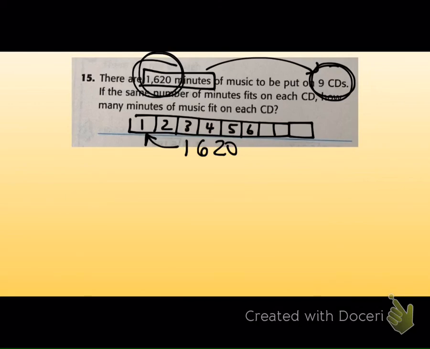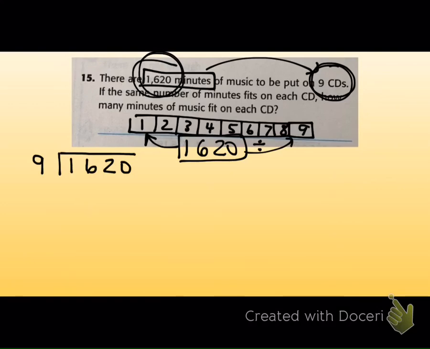So when we think about this number as getting split up into 9 different pieces, we are going to divide them, aren't we? So let's go ahead and divide that. Let me do that over here. I think I'll have more room. 1,620, and we're going to divide that by the 9 CDs to figure out how much is on each individual CD.